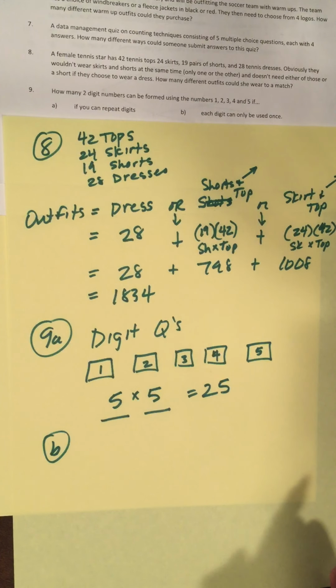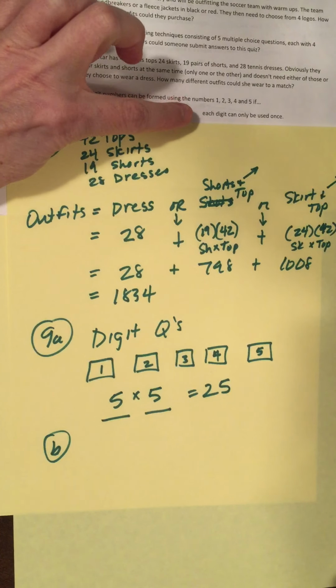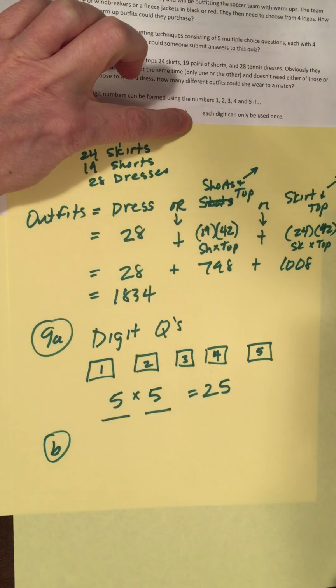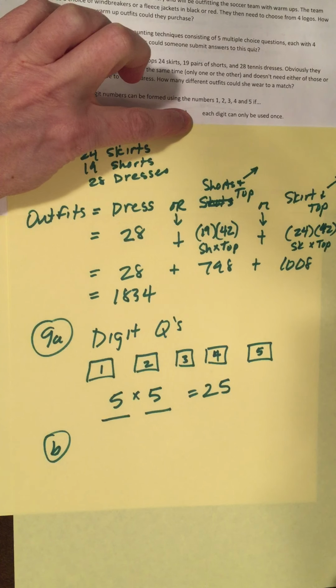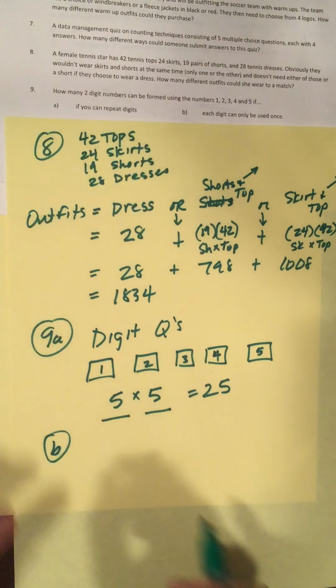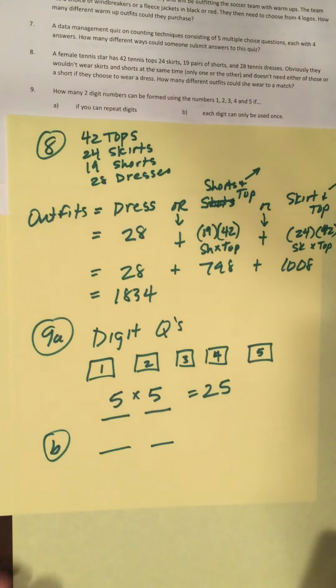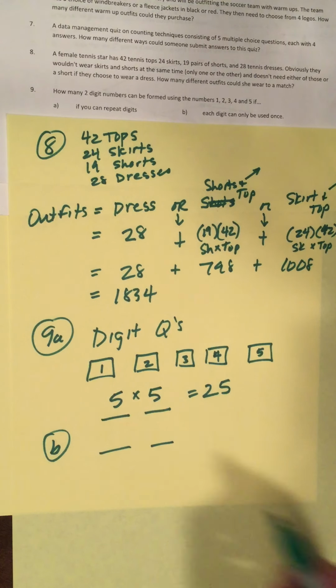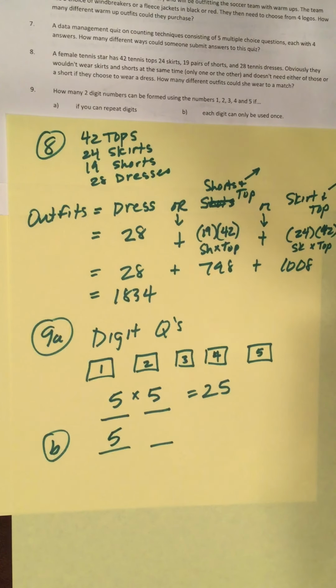Now watch how this can be a little bit different. You're still working with your 5 digits, 1, 2, 3, 4, 5 wooden blocks, except part B says each digit can only be used once. So you're still going to pull out 2 blocks. So put the blocks in the bag, shake, shake, shake, hand goes in the bag. How many blocks do you feel? 5.